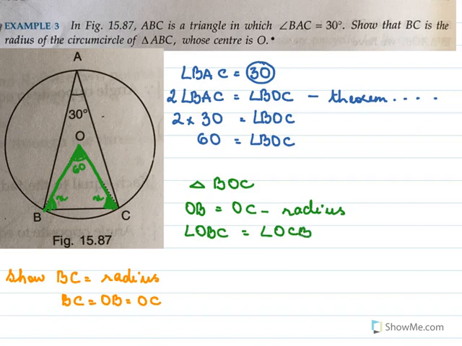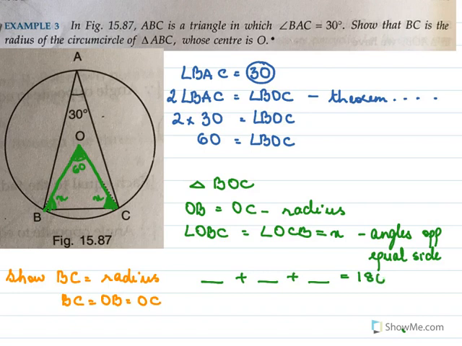Let me mark the angles again. We have OBC equal to OCB. These two angles will be equal, say equal to X. These are angles opposite equal sides. Now in the triangle we have three angles, and when you add up three angles you get 180.